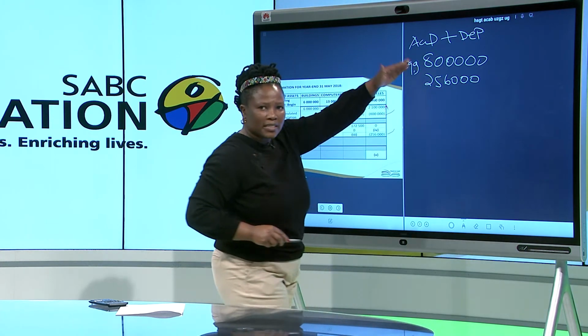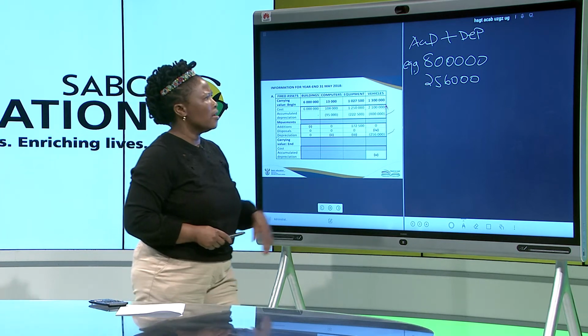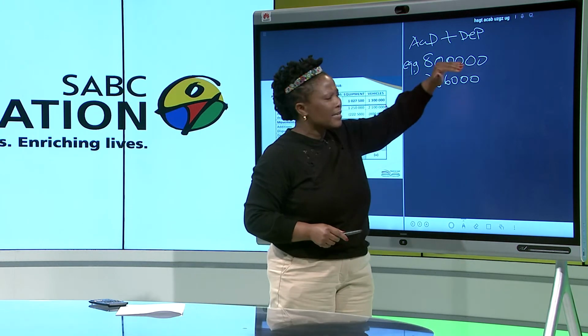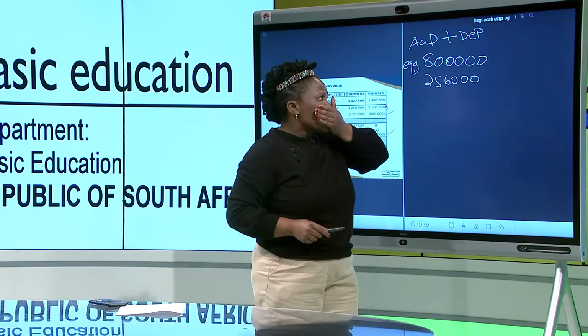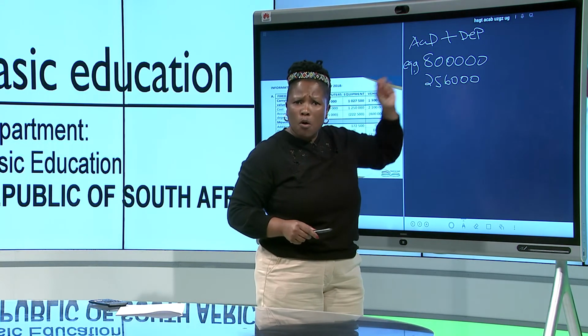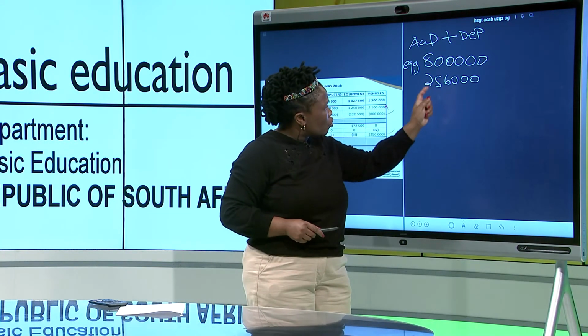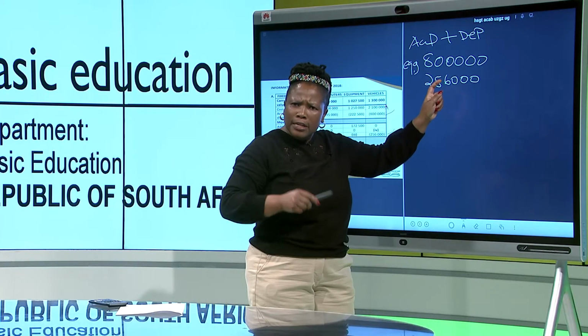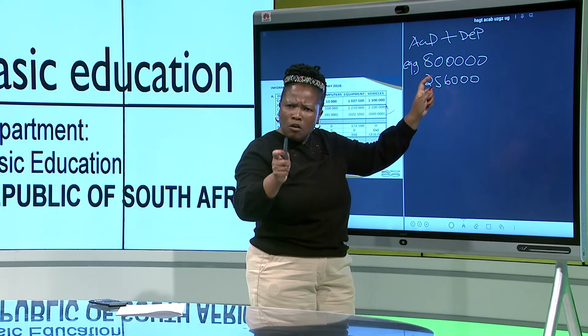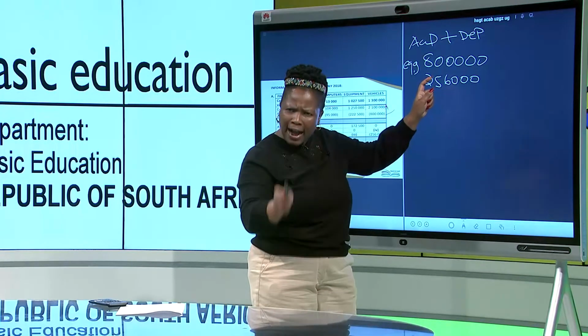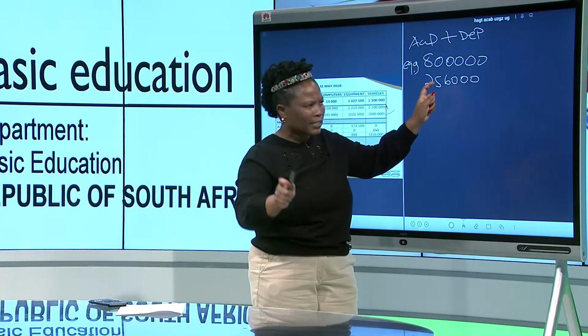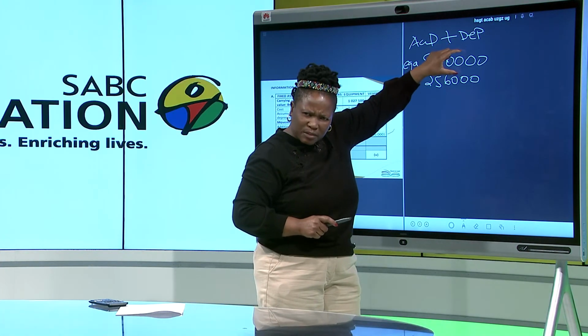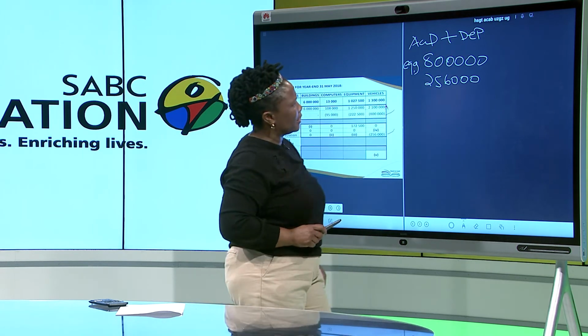The 800,000 is the one that we had at the beginning of the year. And remember that the 800,000 includes the depreciation for both assets, and also the 256,000 includes the current depreciation for both assets. Here, the accumulated depreciation for both assets.